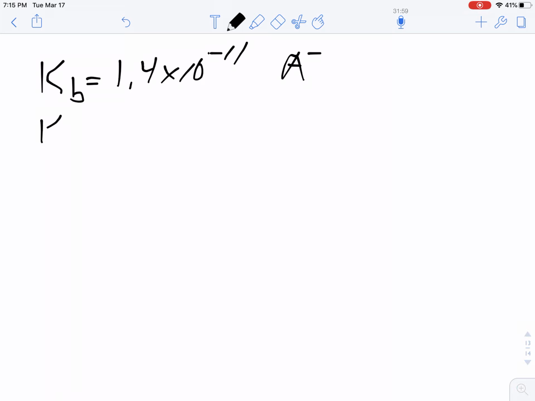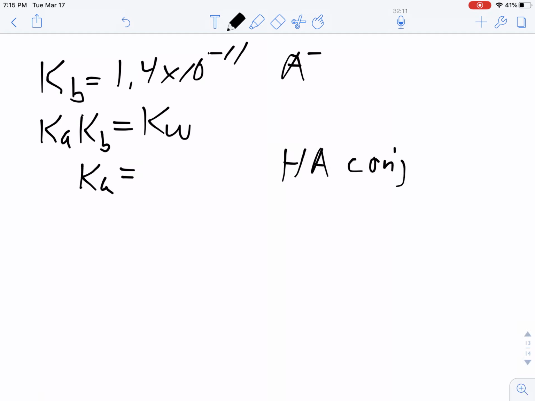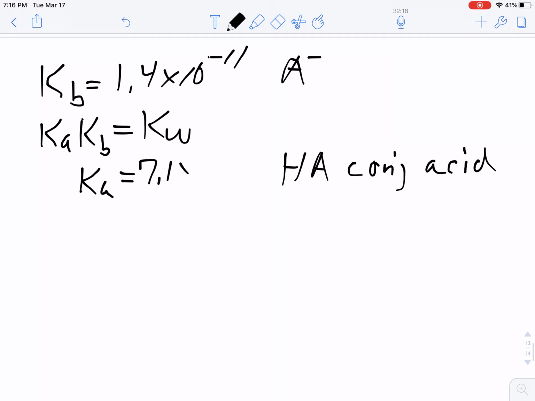Well, then Ka times Kb is equal to Kw. I can find the Ka of the conjugate acid by plugging that in. So the Ka of the conjugate acid is 7.1 times 10 to the negative 4th. I can take this and compare it to a table of acids in the book, and the closest one is hydrogen fluoride.